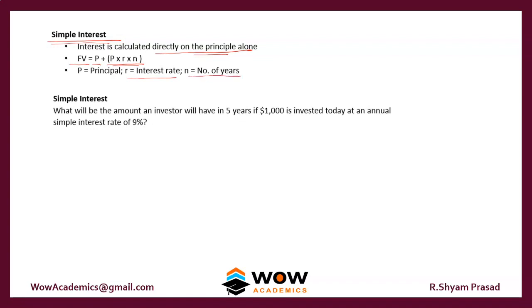So we'll start here. Simple interest. What will be the amount an investor will have in 5 years if 1000 is invested today at an annual simple interest of 9%?